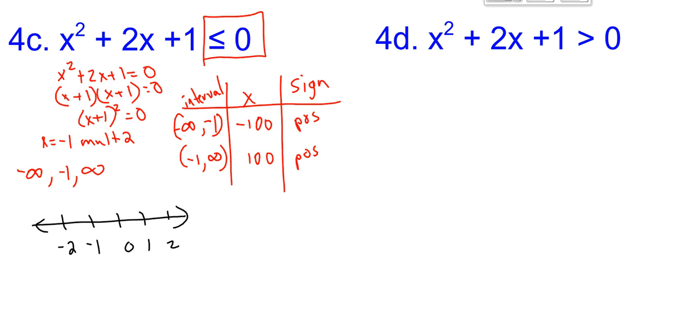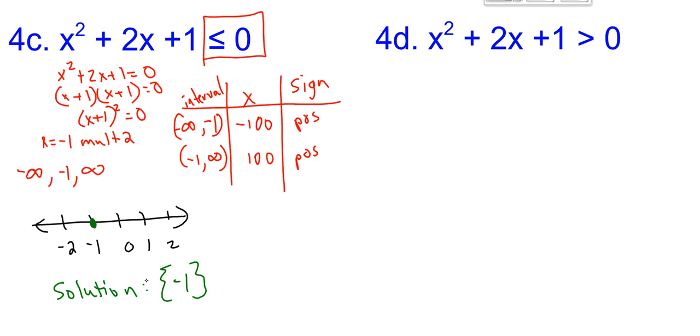So for this one, we will get for our solution, at -1, just that single point. In interval notation, we can't really do it because it's not an interval. Oh, I keep wanting to write 0. It's really -1. And there's our solution.